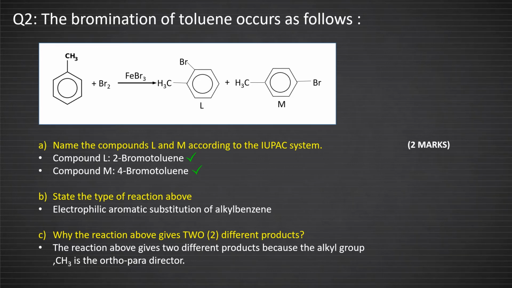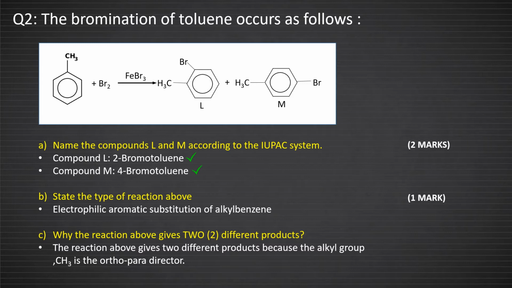Question B. State the type of reaction above, 1 mark. The answer is electrophilic aromatic substitution of alkyl benzene. Why? Because halogenation of alkyl benzene using a catalyst is an electrophilic substitution reaction.